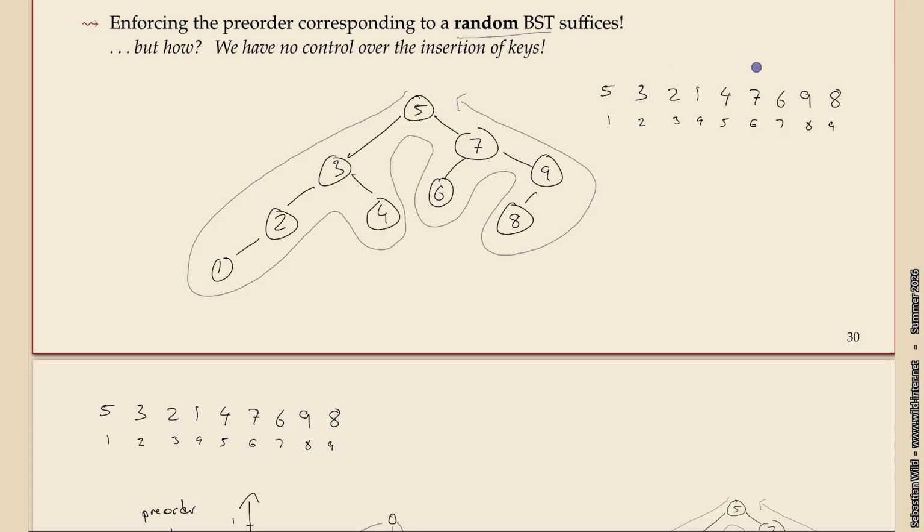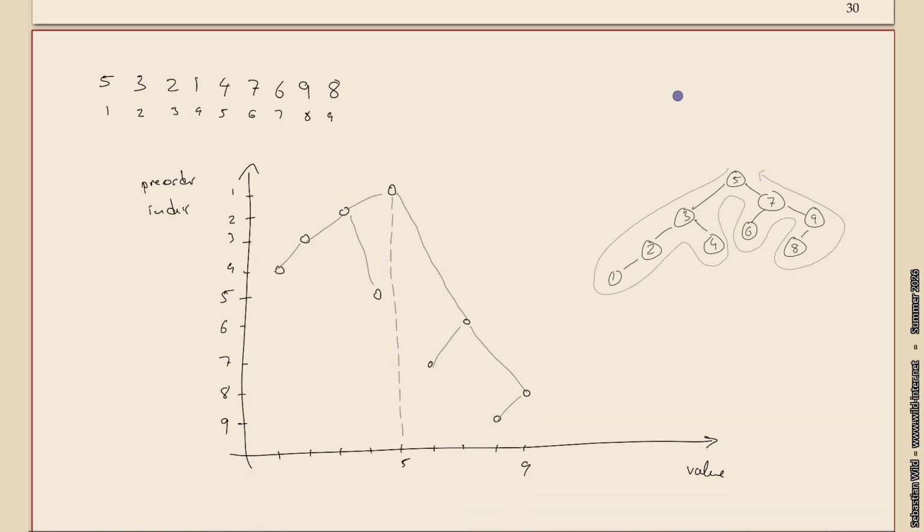But the pre-order is just the insertion order of the keys, which in a random binary search tree was just any random permutation. So I want that these numbers attached to my keys, if a permutation is random, also the inverse permutation is random. So I want that the numbers attached to my keys are a random permutation.